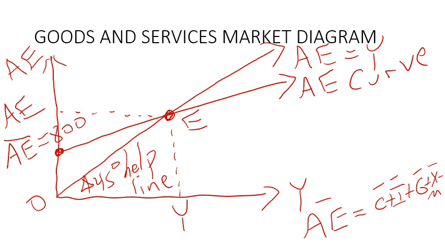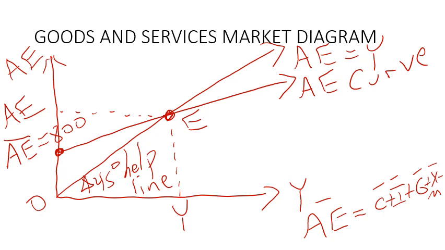So whatever is demanded by consumers, firms, the government, and foreigners, which represents total spending or aggregate expenditures, is equal to the output, the production, the supply side. Y being total supply. It means gross domestic product.